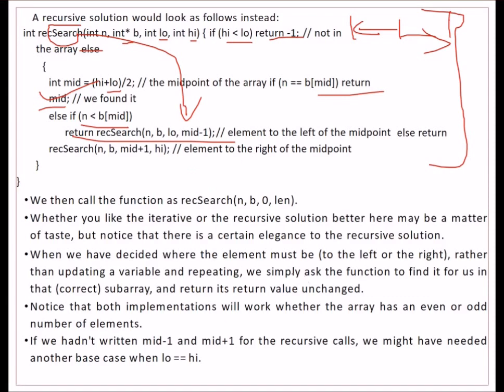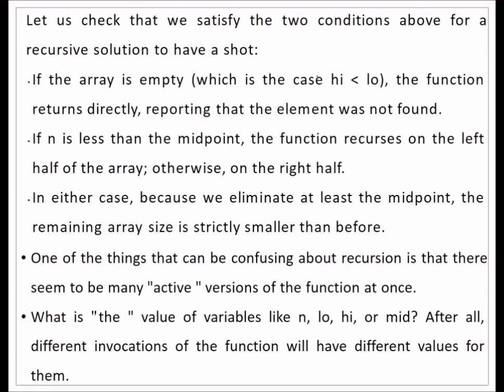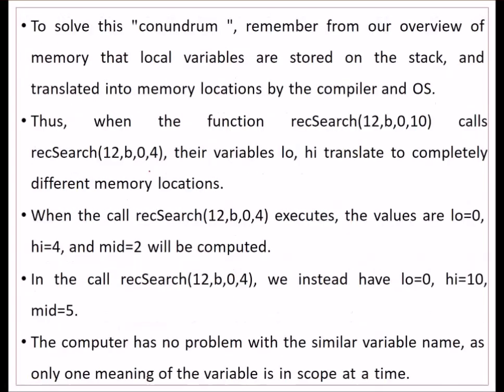And one thing you will be wondering about: how many values are there? There are so many variables, n, b, low, high, mid, and so on. How are we going to deal with this? Don't worry about that, because once a call has been invoked, the others will not be touched, and your operating system will take care of this.